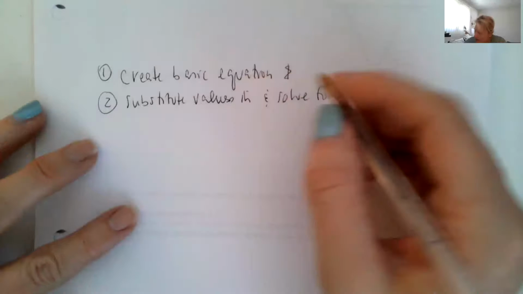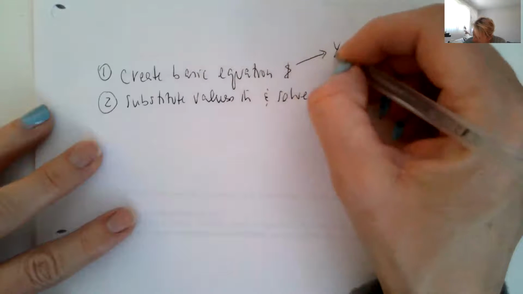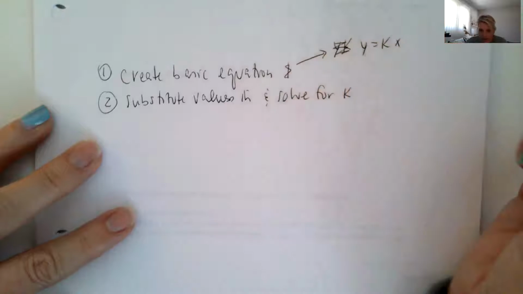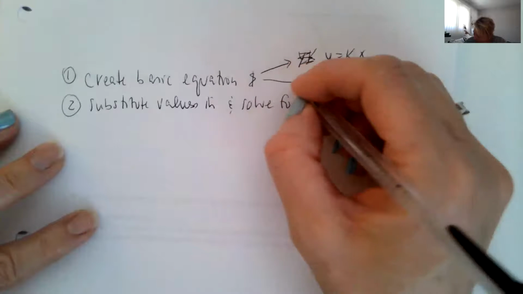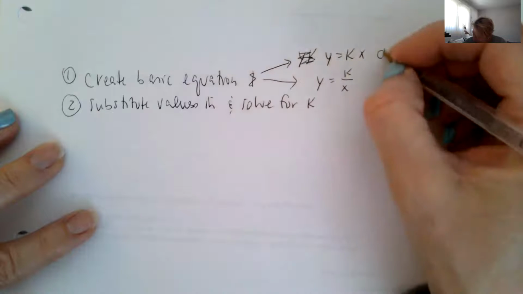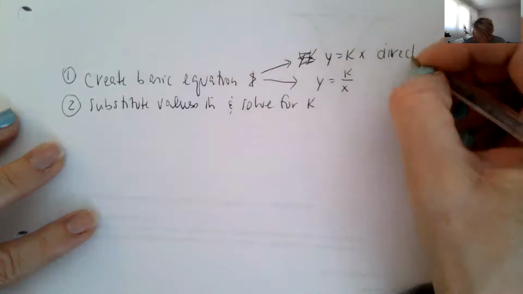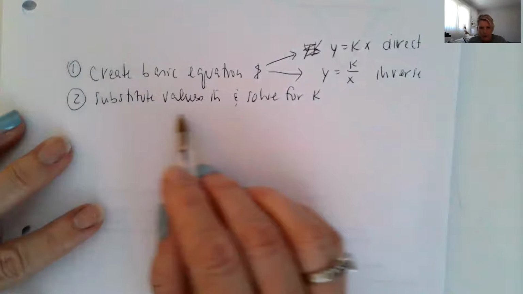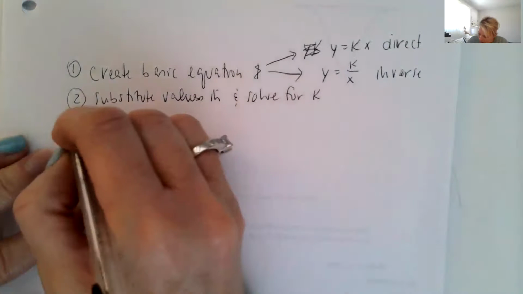So you're going to create your basic equation. It's either going to be the direct variation, y equals k times x, or it's going to be the inverse variation, something like this. This is direct. This is inverse. You're going to substitute your values in and solve for k.